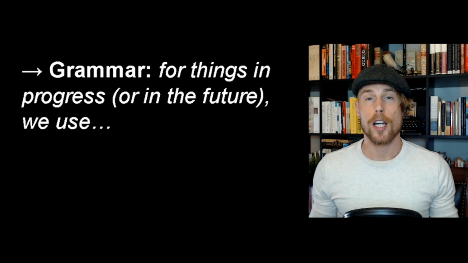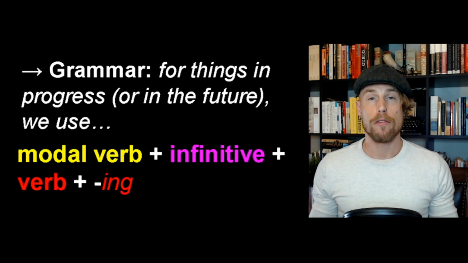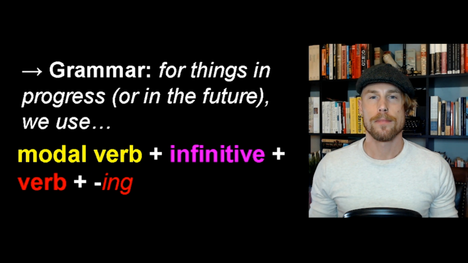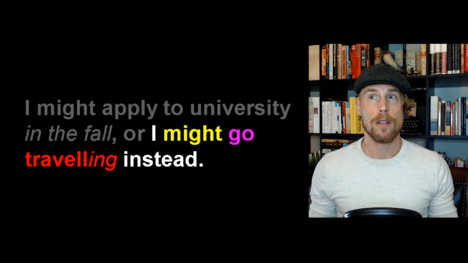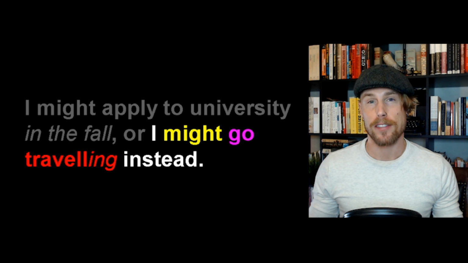If you want to talk about things in progress or happening now or in the future, we use modal verb plus infinitive plus verb plus ing. I might apply to university in the fall, or I might go traveling instead. Go traveling. Might go traveling.